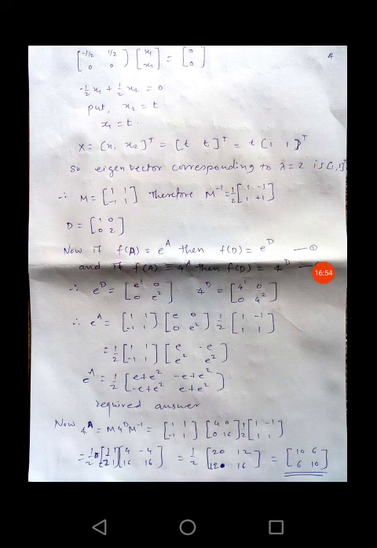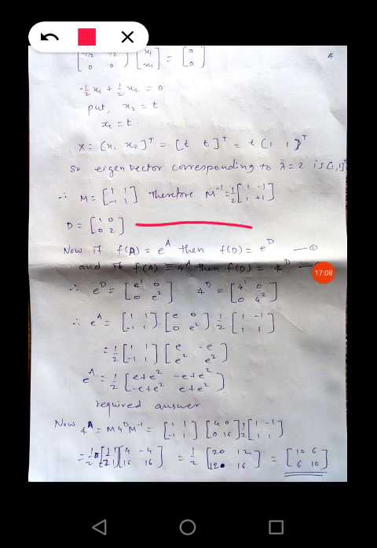Now see here, e raised to D is nothing but diag(e to the power 1, e to the power 2), the first eigenvalue and the second eigenvalue. And 4 to the power D is nothing but diag(4 to the power 1, 4 to the power 2).